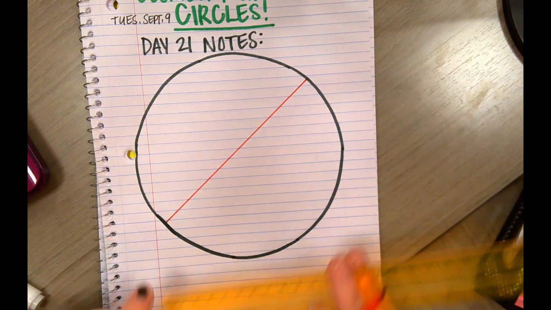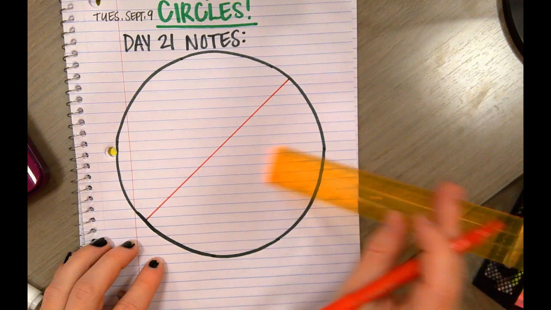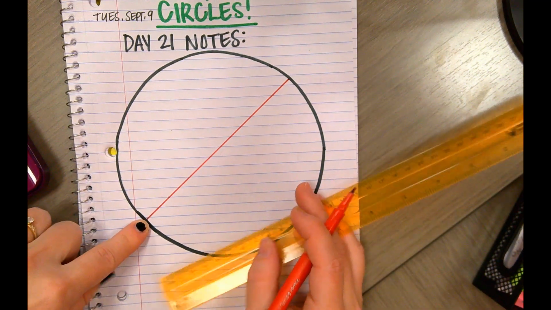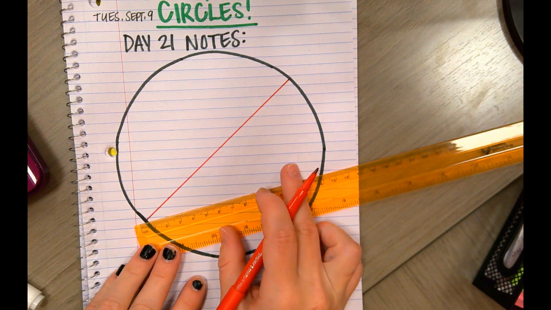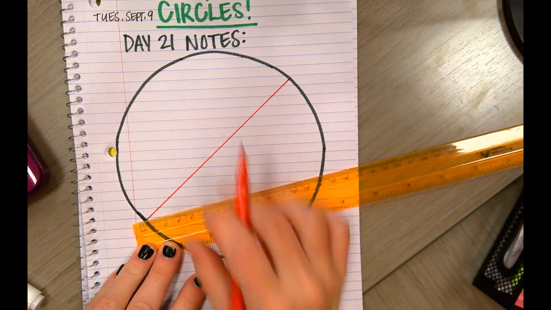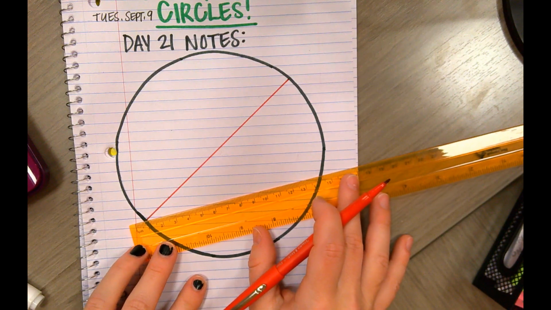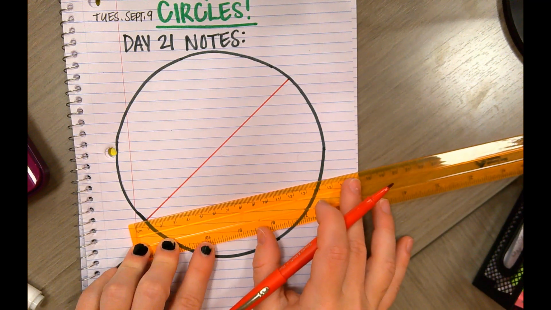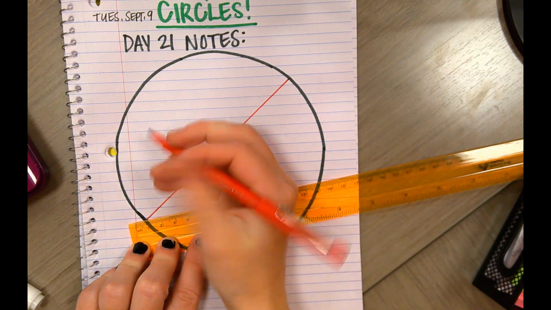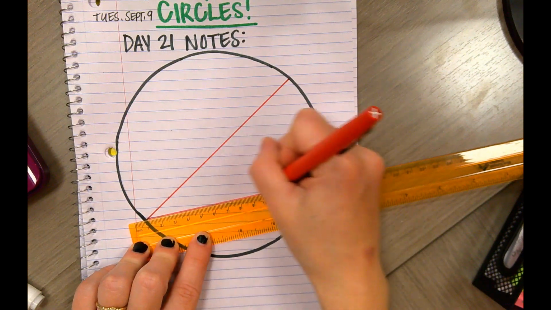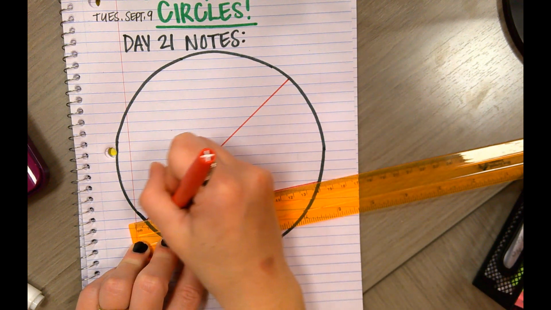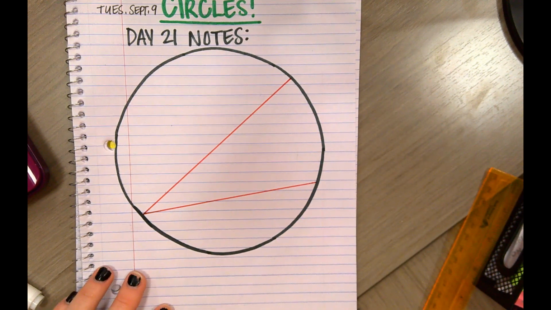And then I'm going to create an angle inside of my circle by connecting to the same point here. This will be the angle, and the opening will come out on this side. So we are going to do this like that.